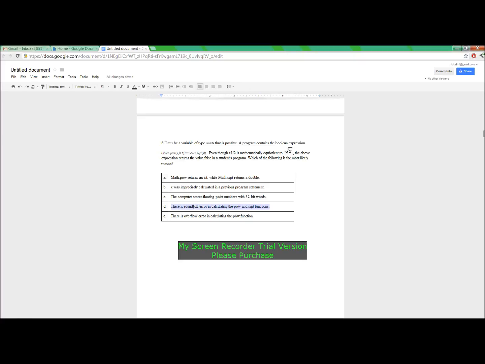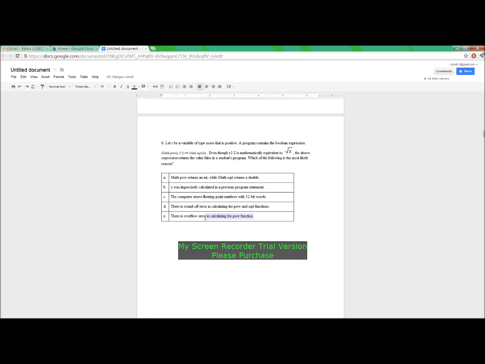With D, there is round-off error in calculating the pow and sqrt functions. This is the right answer. With these kinds of equations, it's difficult to get a definitive answer without rounding off at some point, because they are computers. So they might have one less decimal point here, one more decimal point there, or round at different places, and then they don't equal each other.